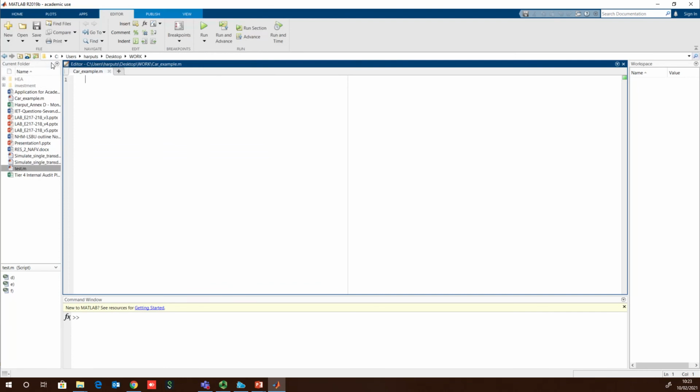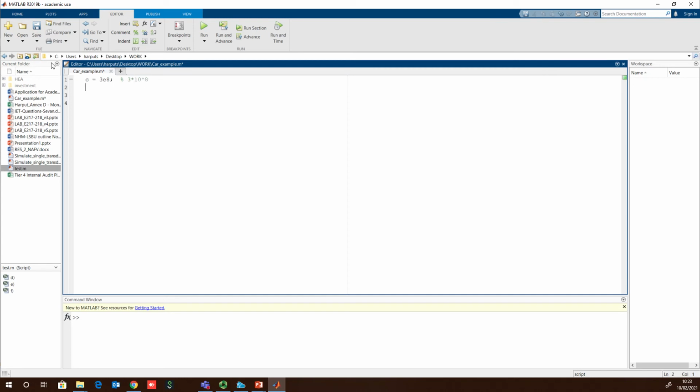Now I'm going to write quickly what we described. First, I'm going to define the parameters given in the question. For example, it's not given, but we know the speed of light is 3 times 10 to the 8. In MATLAB we can write it quite easily in this format, which means exactly the same as 3 times 10 to the 8.